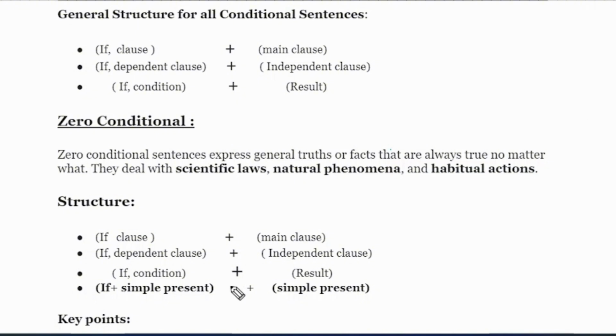The new thing is that the if clause will be in simple present, and the second part of the sentence will also be in simple present. This is the specific thing used in zero conditional sentences: simple present in the if clause and simple present in the main clause.